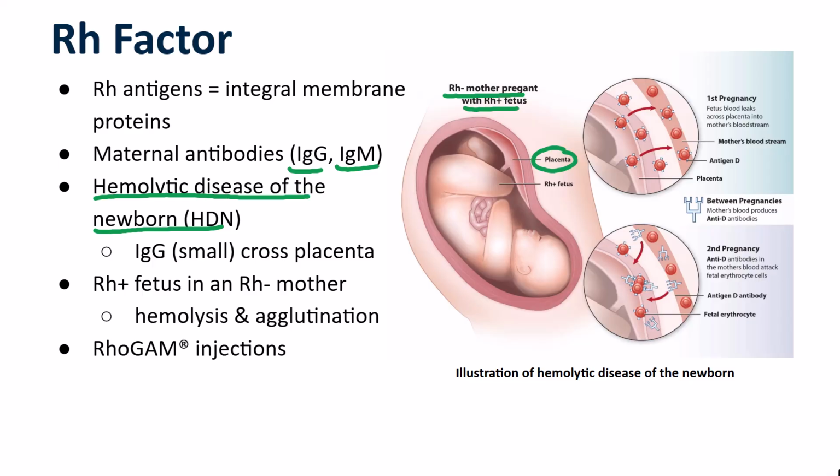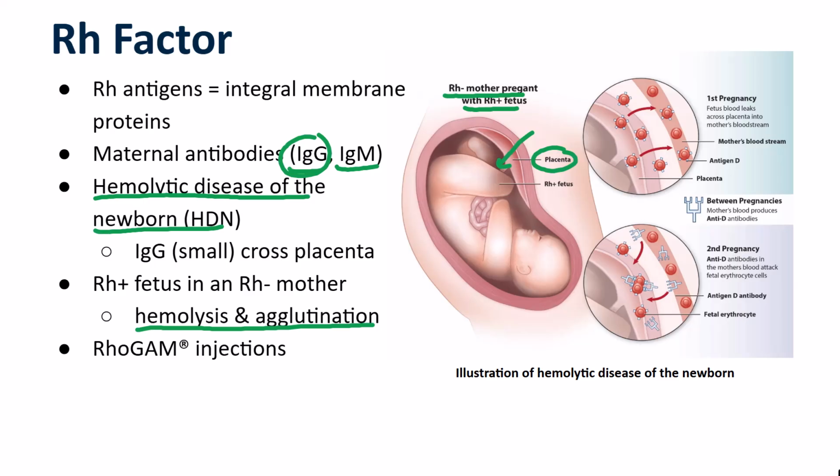And those IgG antibodies can cross the placenta and they can attack the fetus. This is most common with subsequent pregnancies, but it can affect a first pregnancy. And so when you have an Rh positive fetus in an Rh negative mother, you run the risk of both hemolysis and agglutination, complements of the IgG antibody, which crosses the placenta.